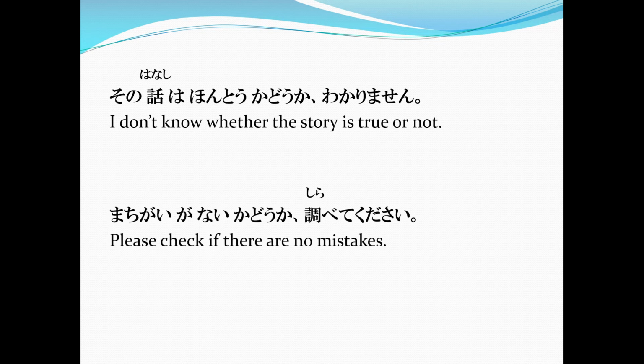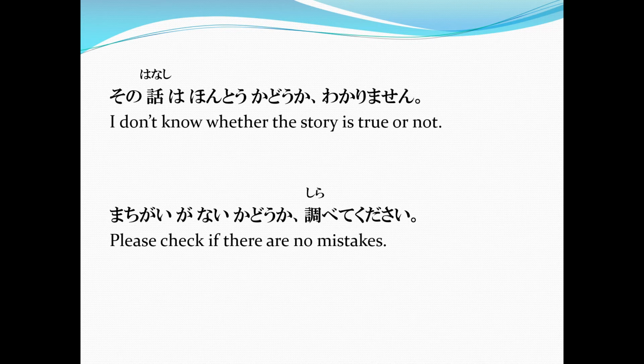間違いがないかどうか調べてください。Please check if there are no mistakes. Now, what did you notice about these examples? Right. In this example, we did not use 間違いがあるかどうか, but we use 間違いがないかどうか because the speaker wants to confirm that there are no mistakes, or is expecting that there are no mistakes rather than expecting a mistake.